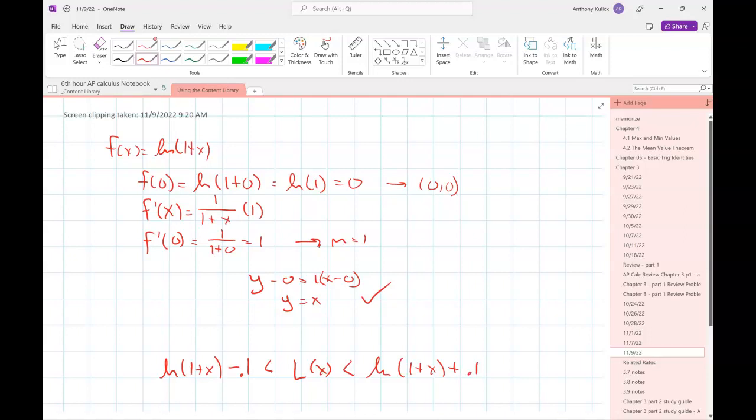And that'll make sure that it's always in between those two. Everybody's cool with that? So I'm just going to solve this set of inequalities here.